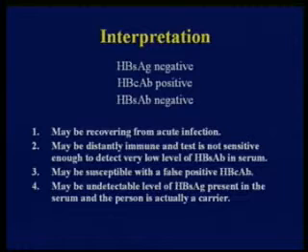It could be that the person is recovering from an acute infection, or maybe distantly immune and the test is not sensitive enough to detect a very low level of surface antibody in the serum, or the person may be susceptible with a false positive core antibody, or the person may have an undetectable level of surface antigen present in the serum, and the person is actually a carrier.